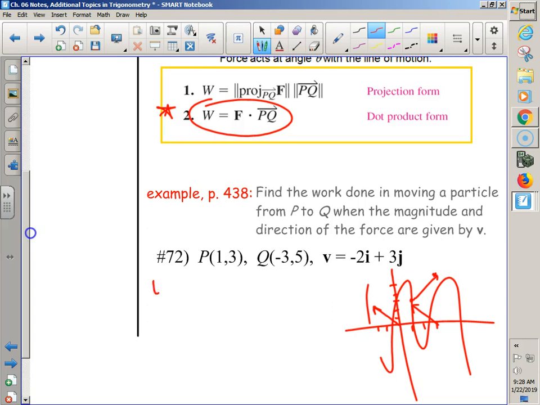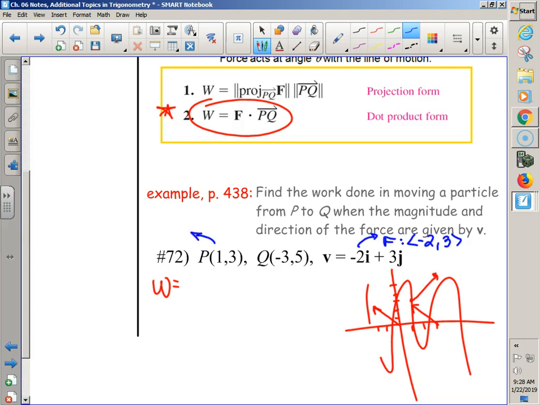So work is equal to the dot product of the force. Wait, which of these is the force? Vector V. So from this clue, I can say that my force is -2, 3. I know it's kind of weird, but that's my force because my PQ is my distance. So how could I make this into a vector?